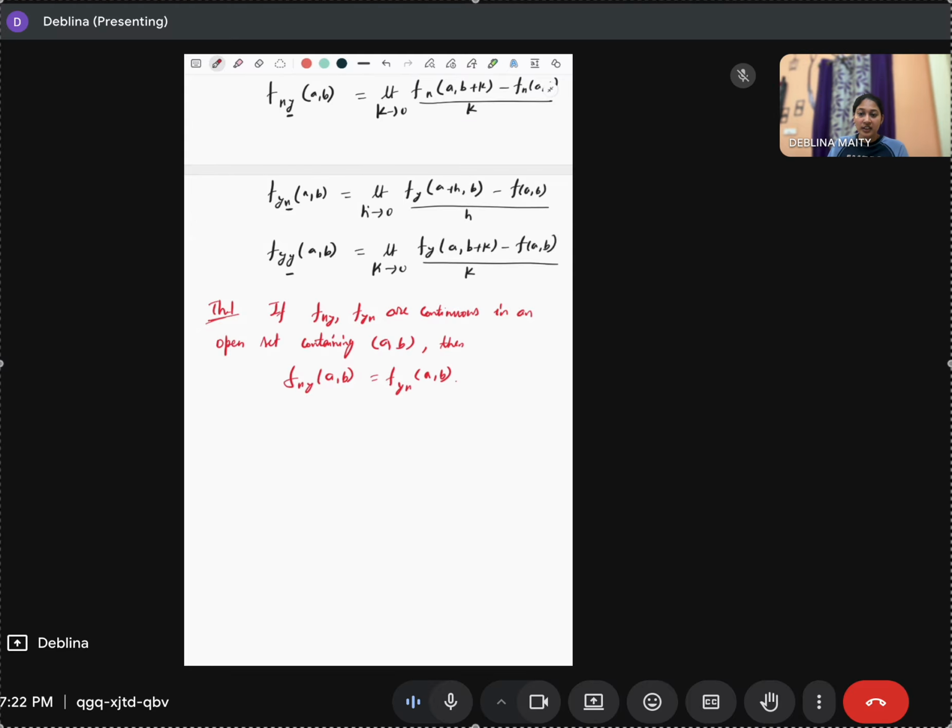So if they are continuous, then they are equal. Okay, we'll see some examples.